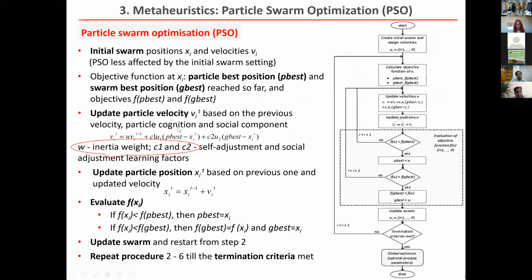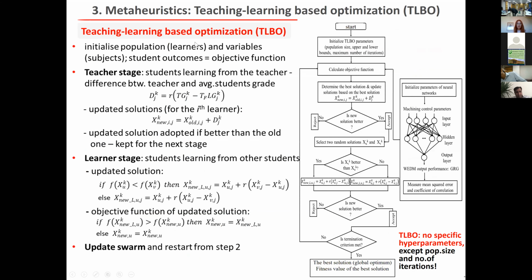I also included in this discussion a relatively newly developed algorithm called teaching learning based optimization. Why? Because the extensive literature review showed me that particle swarm optimization was the best algorithm except TLBO, which showed slightly better results in several studies.